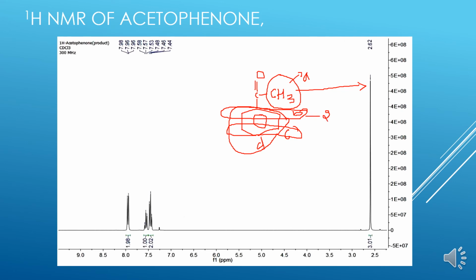Ortho gives a doublet: splitting into two means it is a doublet. For example, for the meta proton, there will be two neighboring protons. Therefore, it is a triplet.